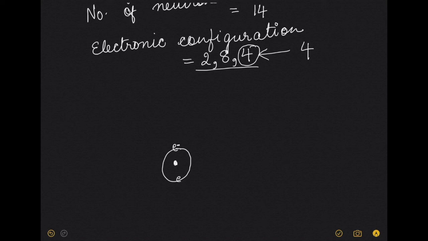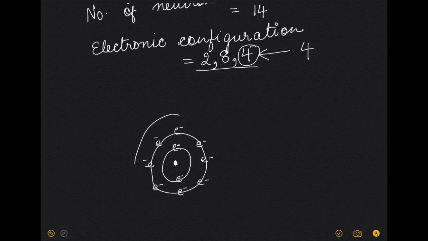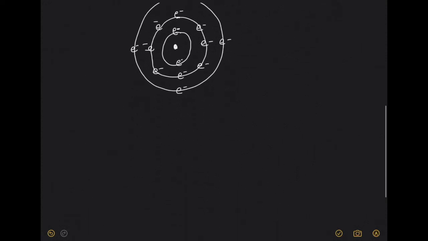To draw the diagram, you will draw the nucleus in the center like this. 2 electrons in the first orbit. Then there are 3 orbits. The second has 1, 2, 3, 4, 5, 6, 7, 8, and the third will have 4: 1, 2, 3, 4. Instead of this, what you can also do is just make dots.